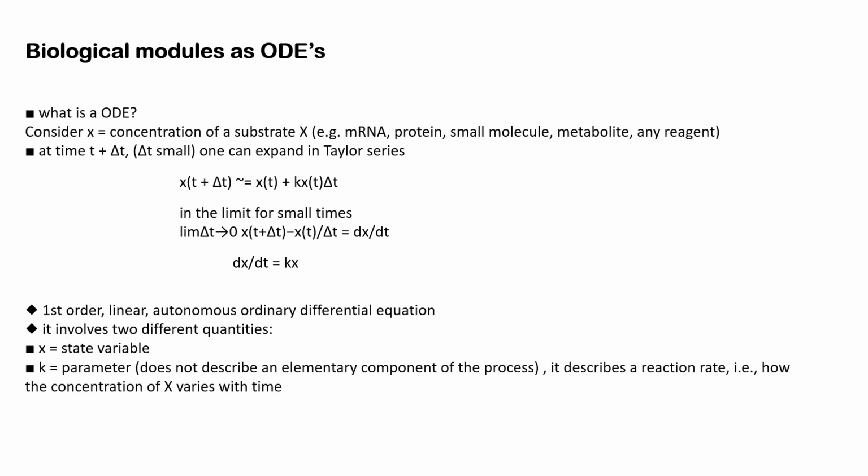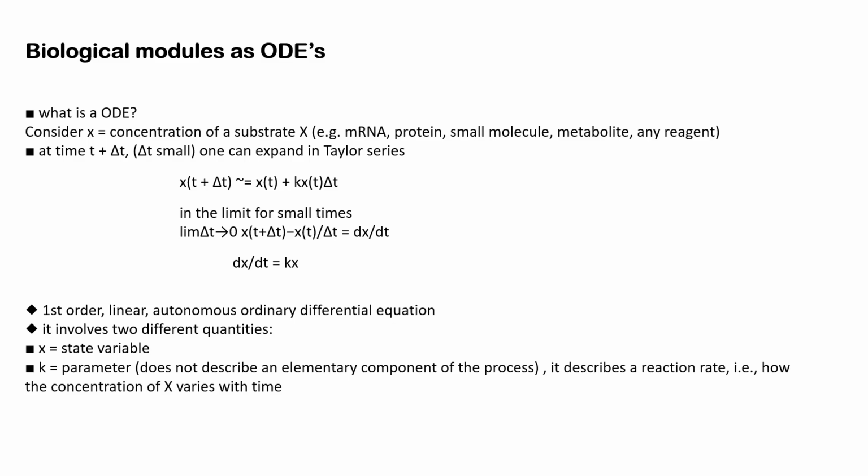It involves two different quantities, where x is the state variable and k is the parameter. This is the parameter we are interested in, and it does not describe any elementary component of the process or any kind of interaction. It generally describes the reaction rate.